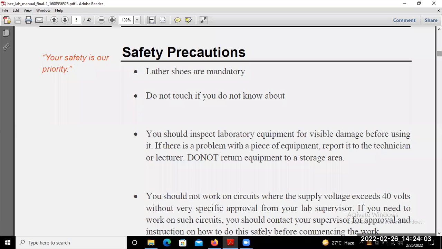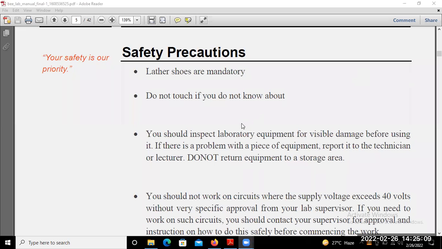In any laboratory you will find a mandatory switch, and do not touch any panel if you do not know about it. Wait until the instructor verifies your connection and explains how to perform the experiment, and do not give power supply to the panel before that. Otherwise instruments may be damaged and you may get shocked if you are not careful in the laboratory.